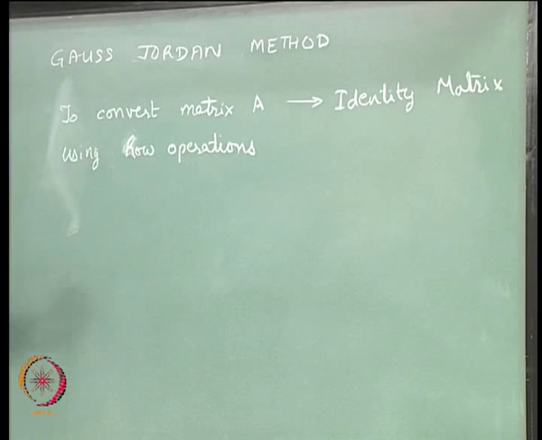So the idea behind the Gauss-Jordan method is to convert the matrix A into an identity matrix using row operations, very similar to the Gauss elimination method.